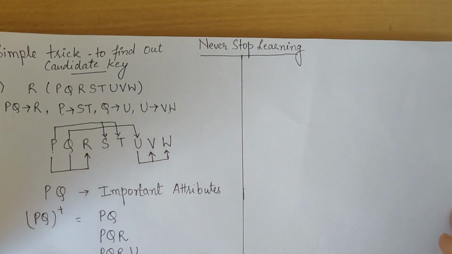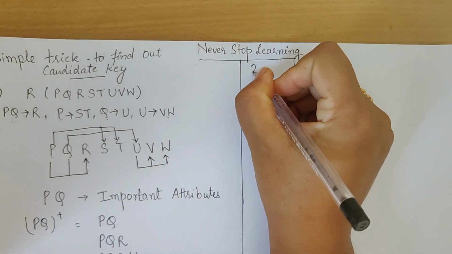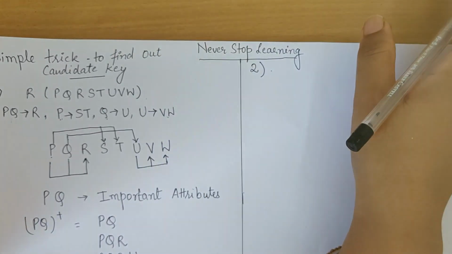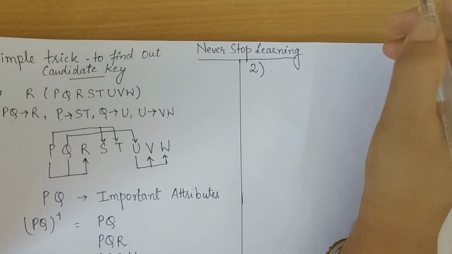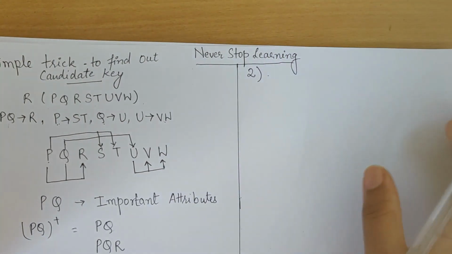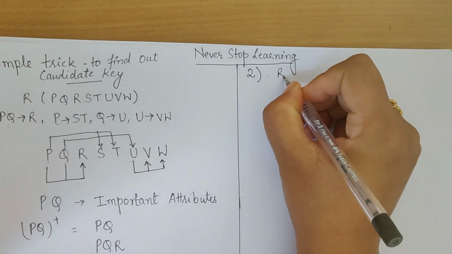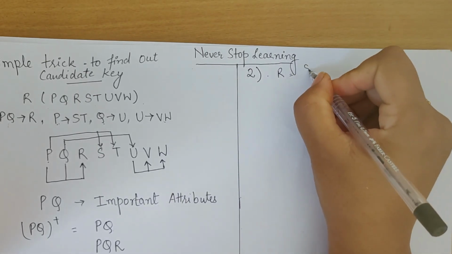Let's solve one more example with this short trick so you will understand. We already solved this question in the previous video using the conventional way. I am solving the same question so you can check whether both give the same result.